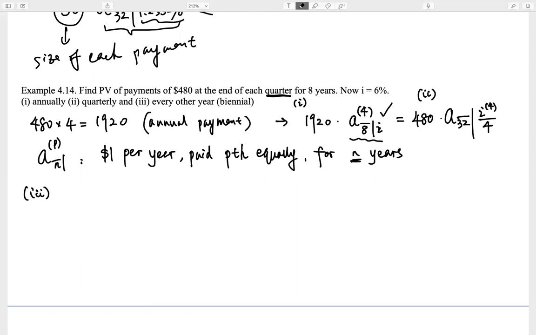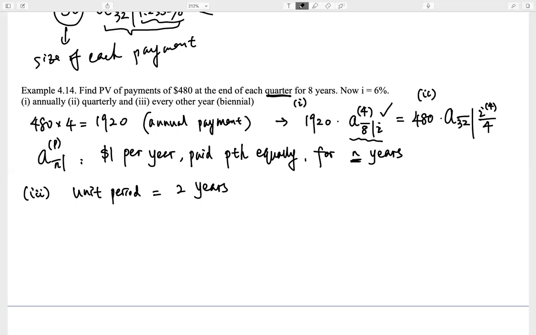Okay, how can I convert now? I originally have $480 per year, but now I want my unit period to be 2 years. Before, we cut 1 year into many parts. Now what we do is make 2 years together as one unit.